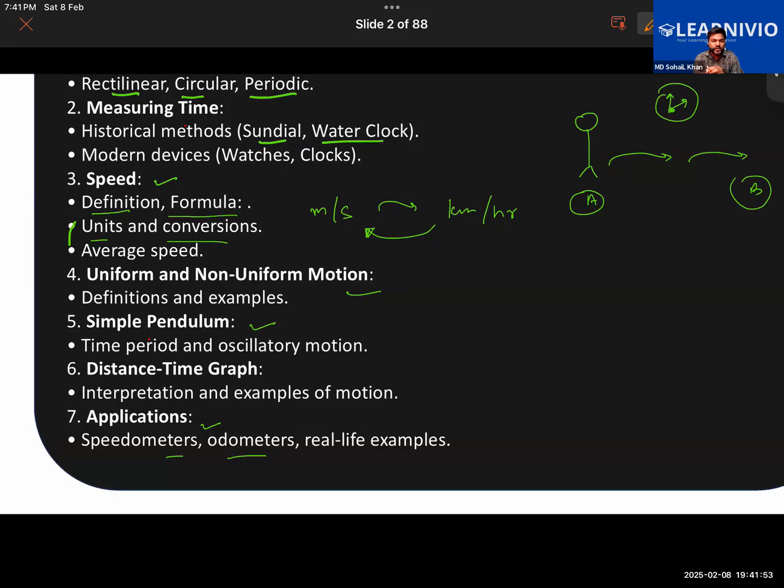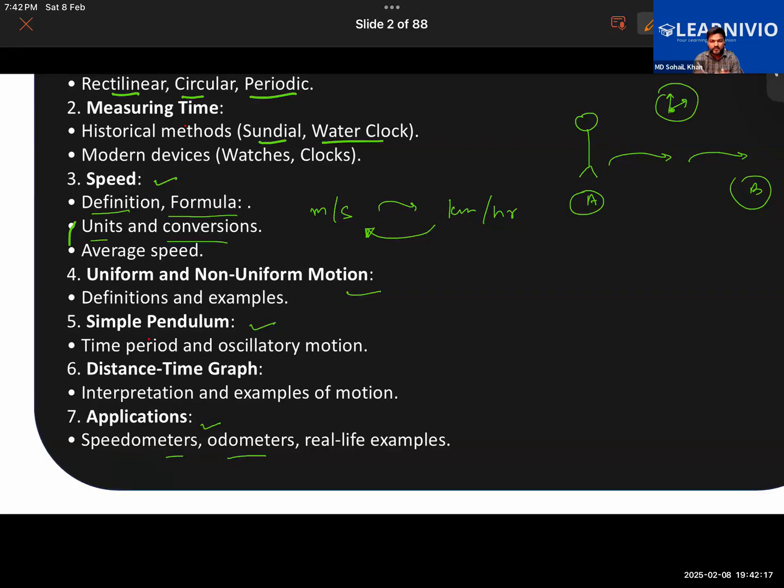And what about non-uniform motion? Non-uniform motion means an object that does not go in a straight line, like goes fast, then slow, like stops. It doesn't go at the same speed and does not cover the same distance.